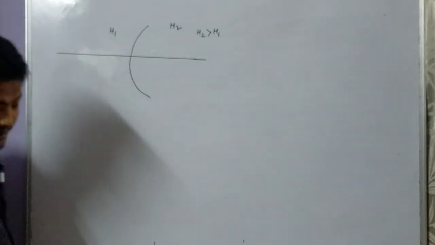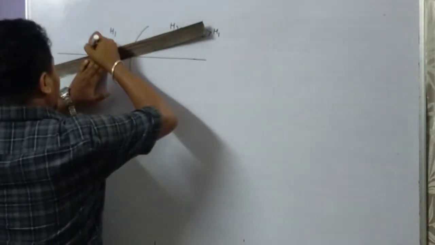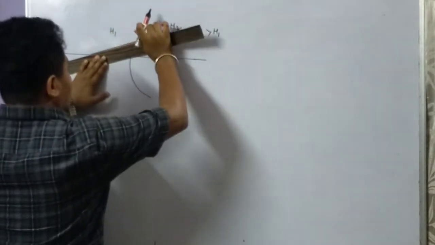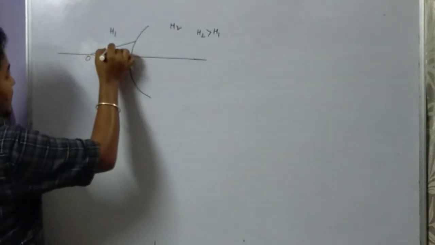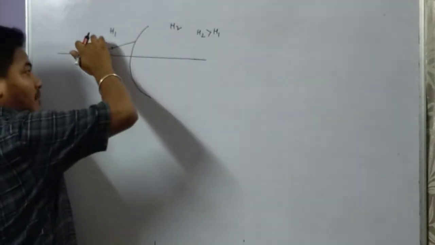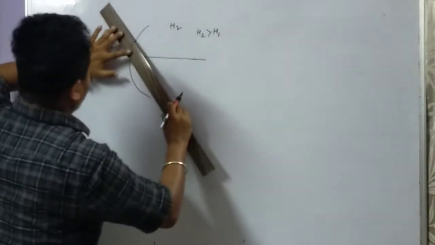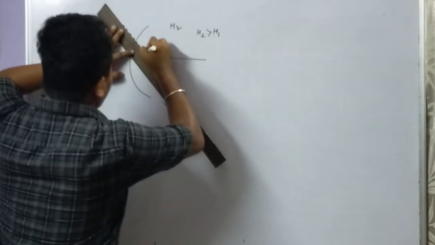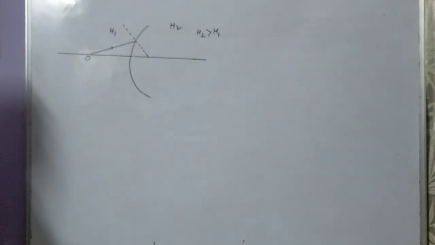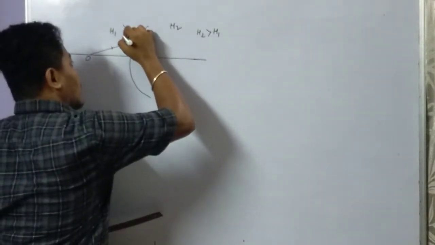Now if I make a ray of light travel from this medium to this medium, that means from the optically rarer medium to the optically denser medium, and I make the normal here, suppose this is a normal, this is going to be the angle of incidence.